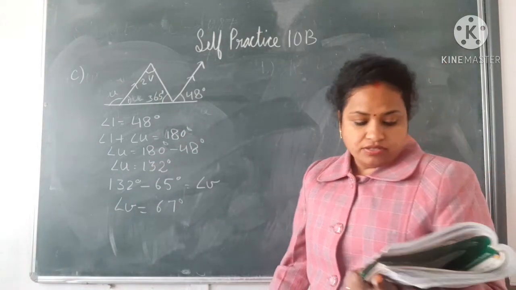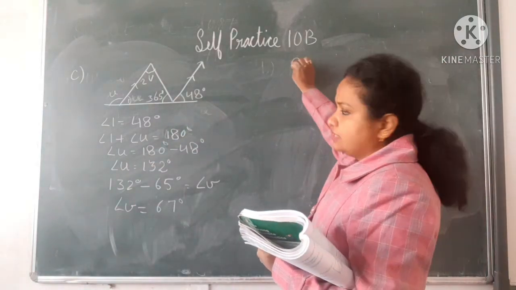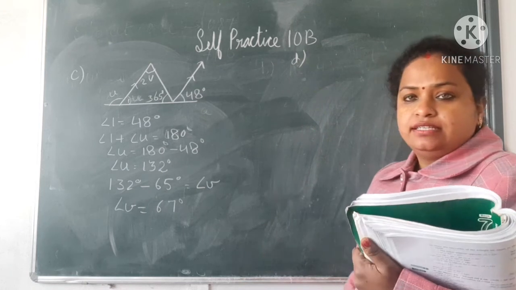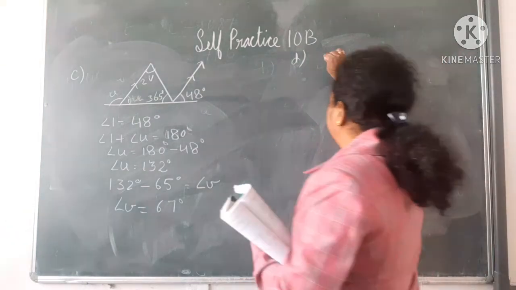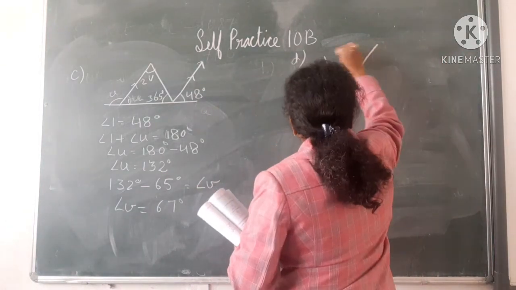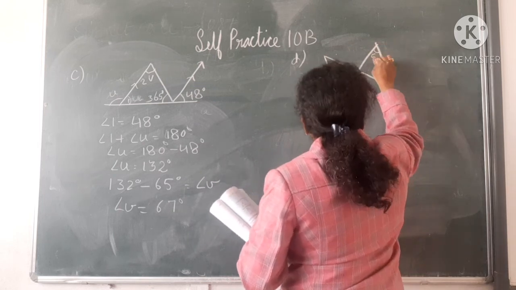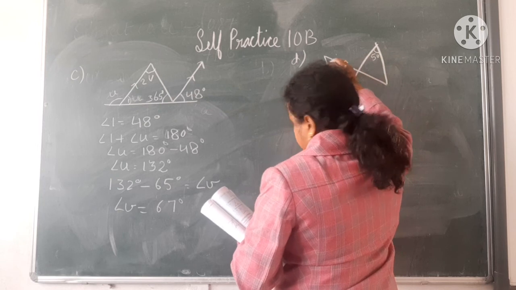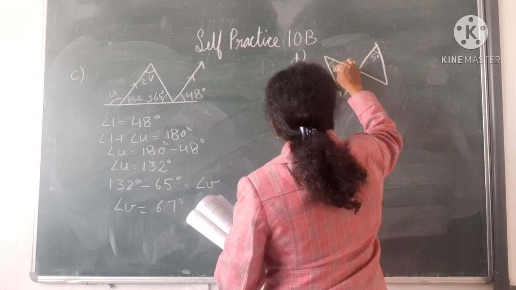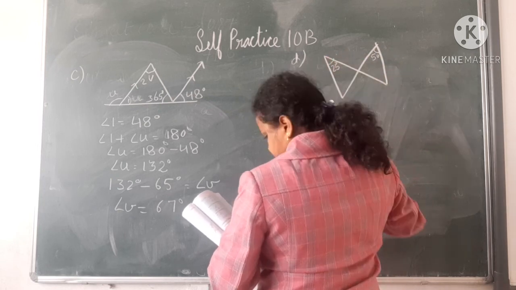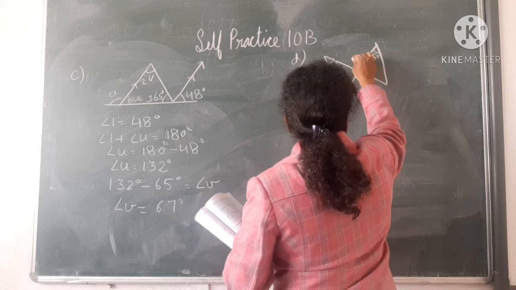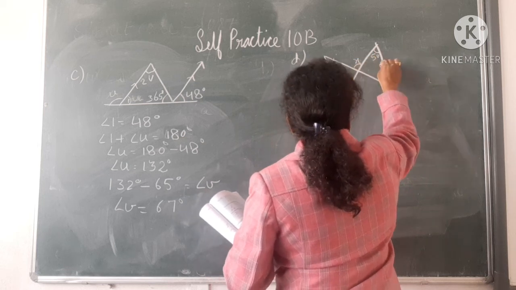Okay, now see the last part of it, that is part D. This is 50 degree. Okay, this is 25 degree. This one you have to find x. This and this are parallel.